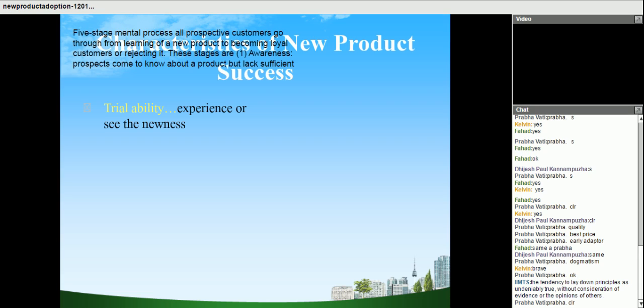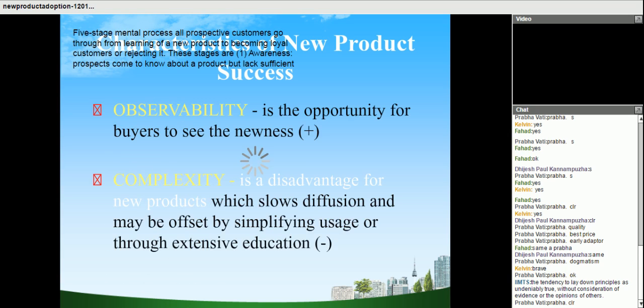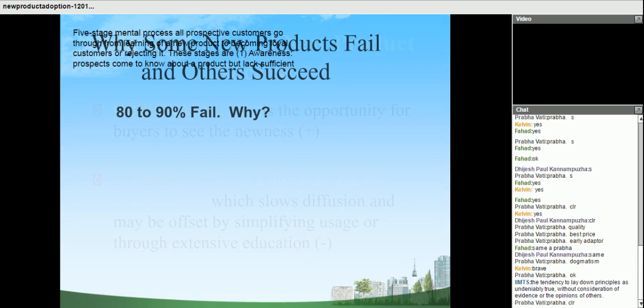Trialability: experience or see the newness, easily tested, low risk, inexpensive, no special equipment, free samples or coupons. Observability: the opportunity for buyers to see the newness. Complexity is a disadvantage for a new product, which slows diffusion and may be offset by simplifying usage through extensive education.